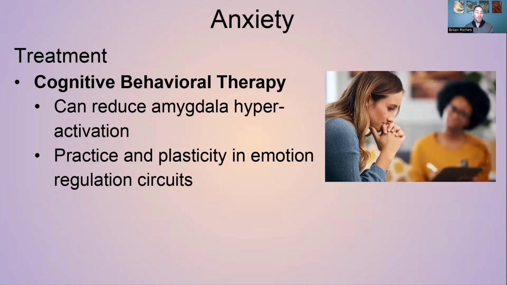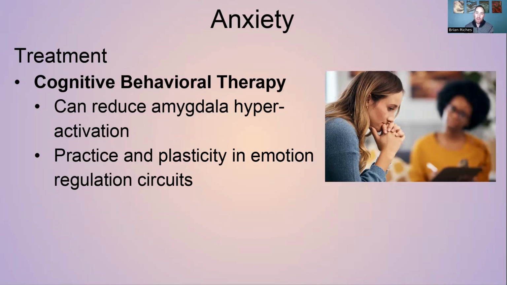Other things that are really helpful are cognitive behavioral therapy. So again, we're talking about the amygdala as being overactive, the prefrontal cortex as being less active. So we can use the plasticity of our brain in combination with these medicines to help a person be able to practice that regulation, to practice regulating those senses of threats that feel very real. The brain giving the input and the input actually being there is the same thing, right?